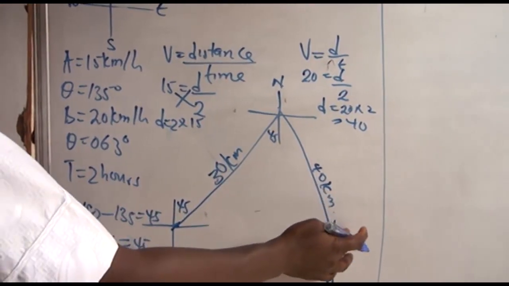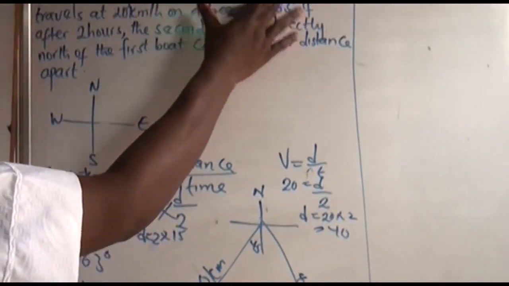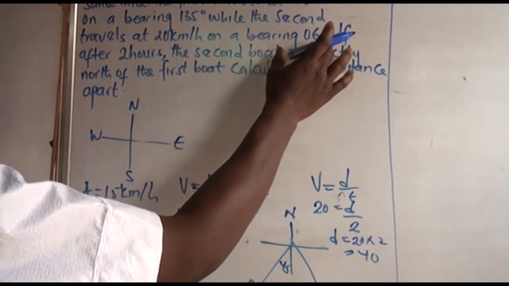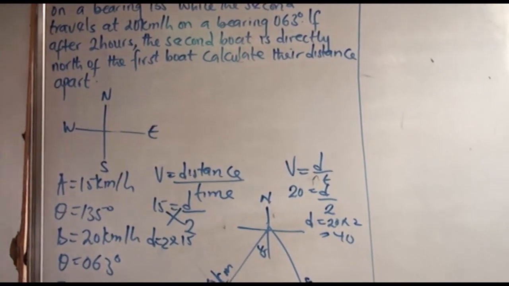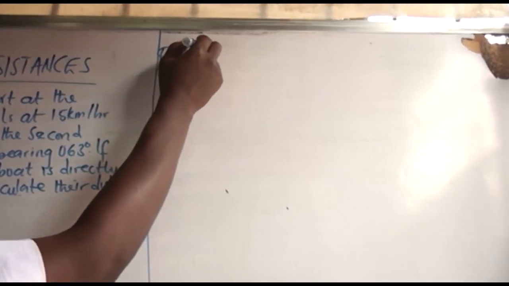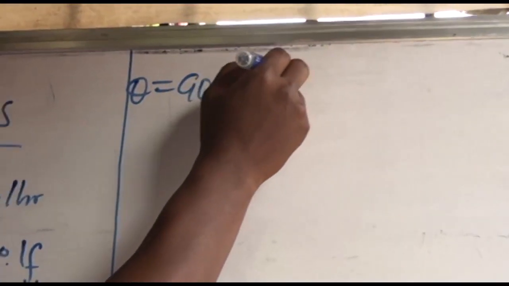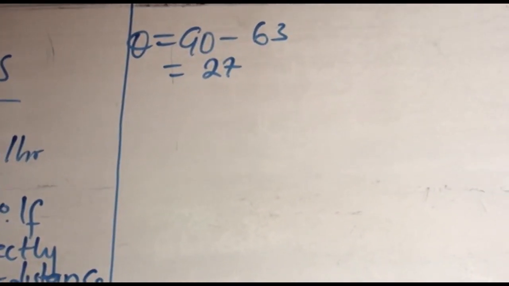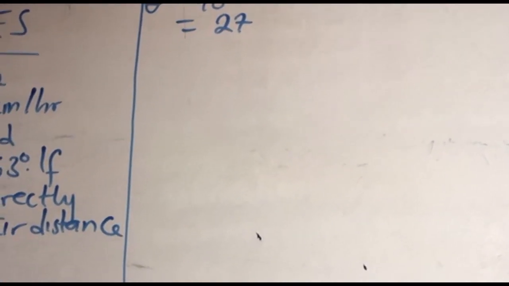Then the second one: what is its bearing? It travels on a bearing of 063 degrees. So theta is 90 degrees minus 63, which gives us 27.